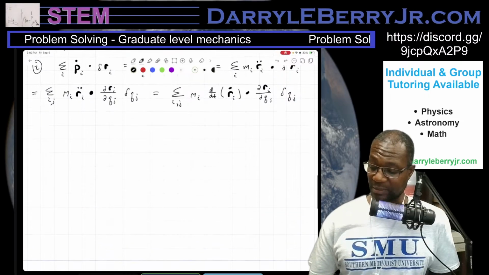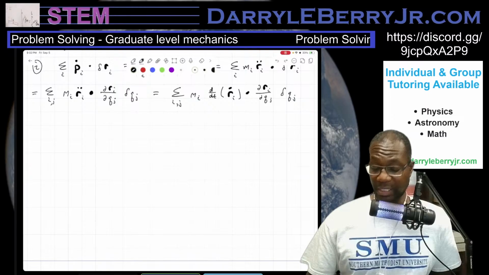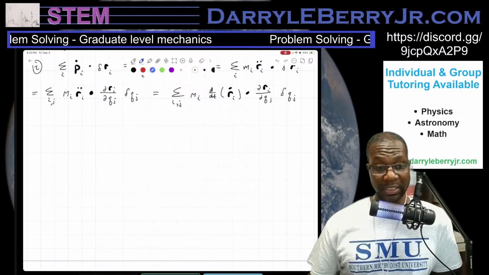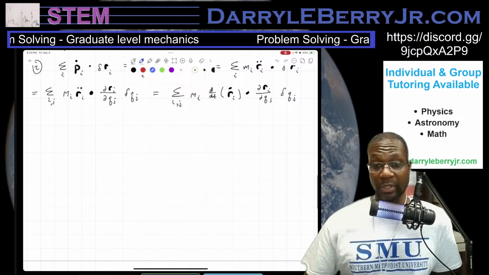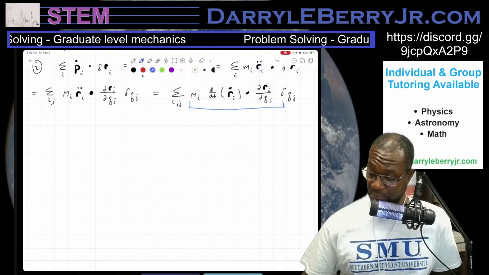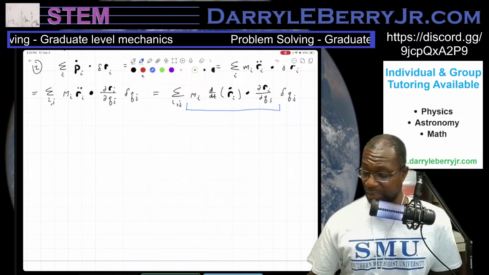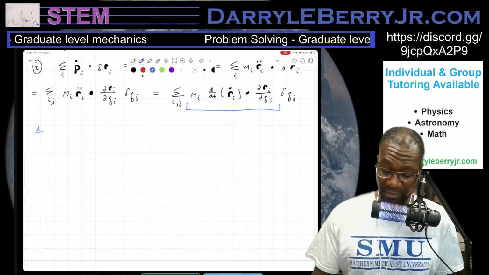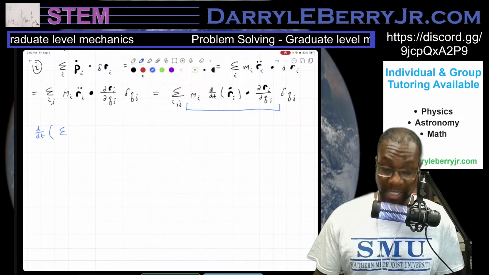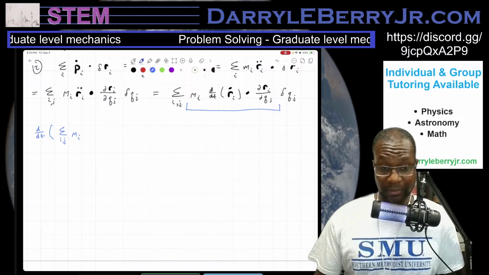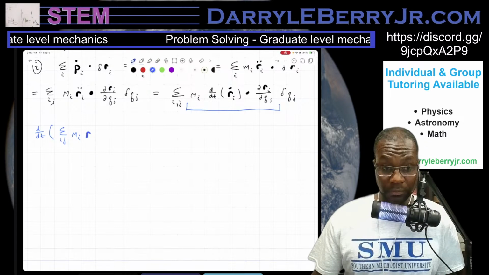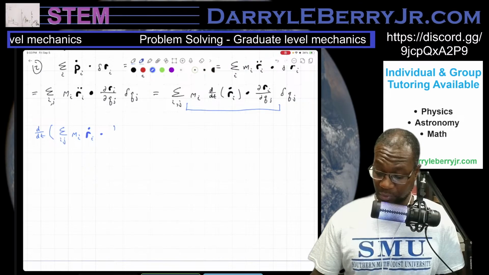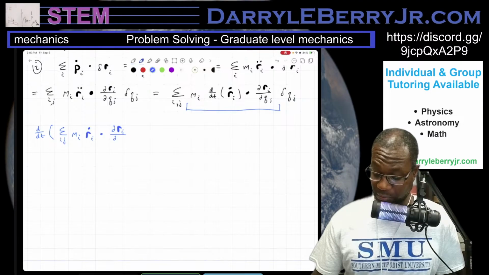One thing that happens is we can actually take the derivative of this. We can extrapolate this out, not the whole thing really, but if I take this part here, and instead of having the derivative on just the r, I put the derivative on the entire thing, so d/dt of the sum over i, j of m_i r dot i dot producted with ∂r_i/∂q_j.